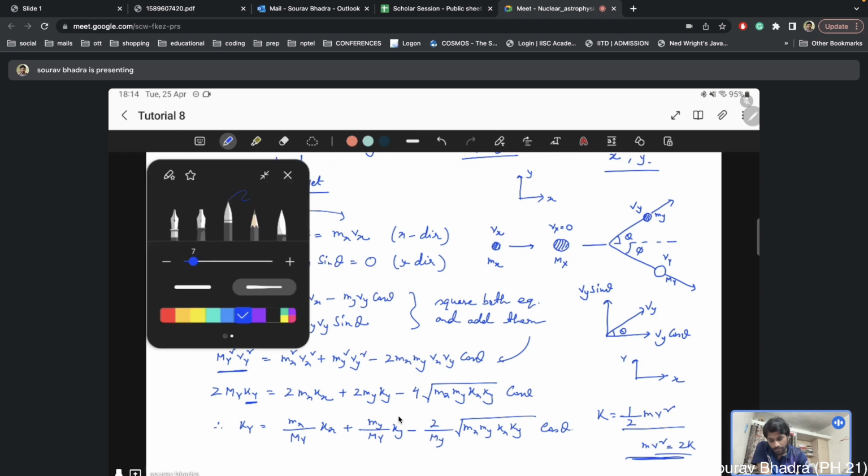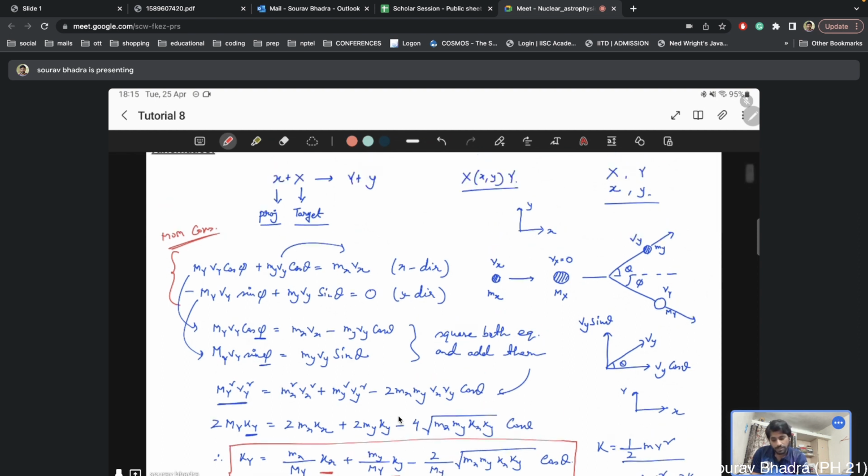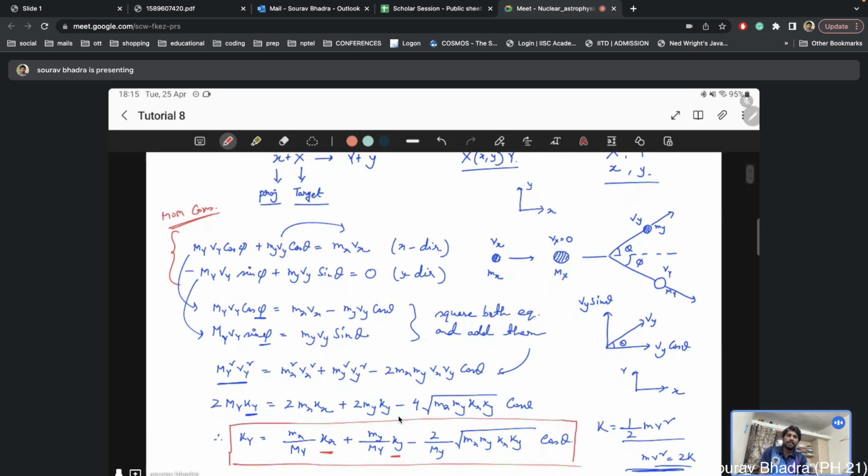This is an important equation because here we have expressed the kinetic energy of the capital Y element in terms of the masses and kinetic energies of the other particles. That means this is associated with the projectile, small x, and this is associated with the small y mass, along with the angle theta.